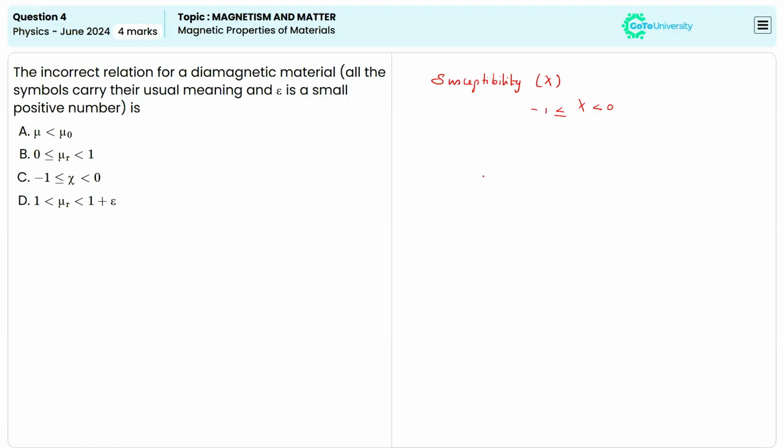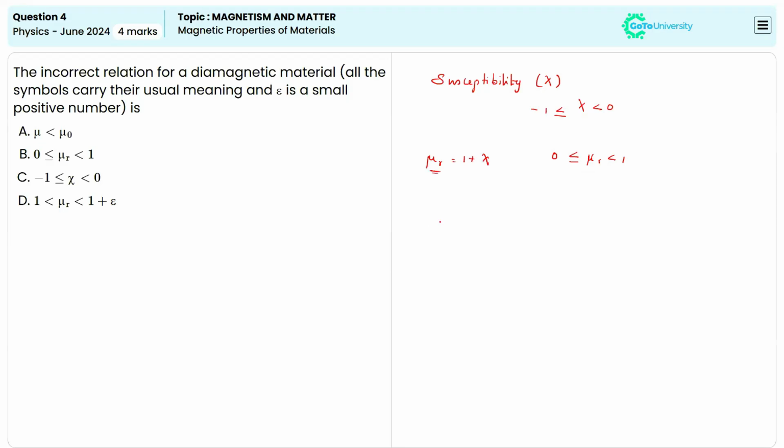Now, in terms of relative permeability, it will be 0 less than or equal to mu R less than 1, because the relation between relative permeability and susceptibility is mu R equals 1 plus chi. Mu R represents the relative permeability.